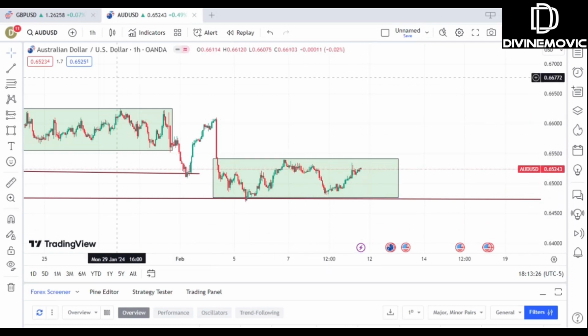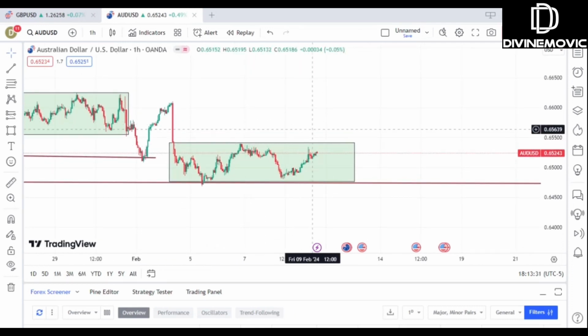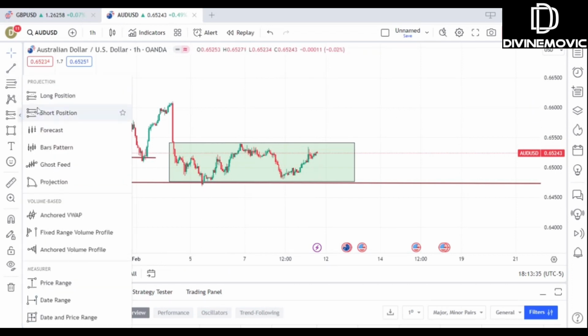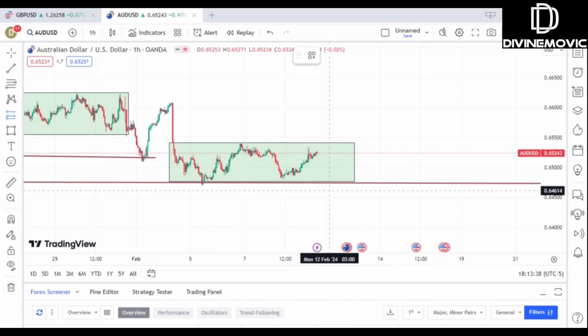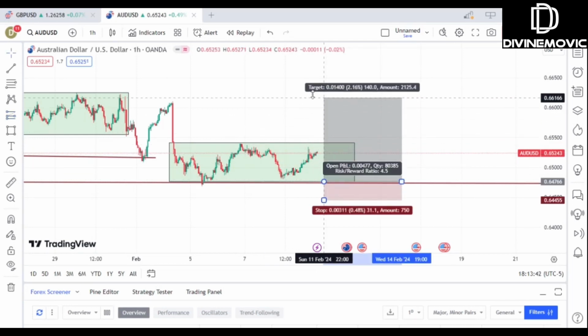So if I have to go back to the 4 hour time frame, or if I have to remain on this 1 hour time frame to possibly have an entry, our entry is simply to go long from this zone here when price must have taken out the early buyers.